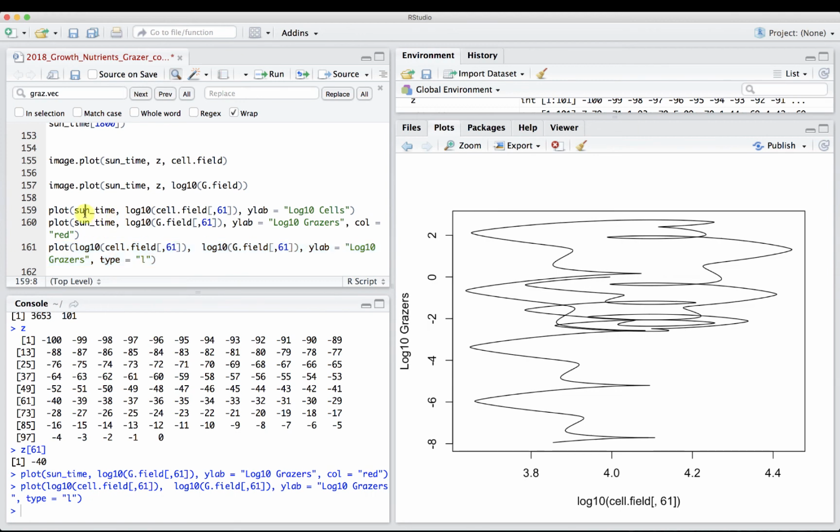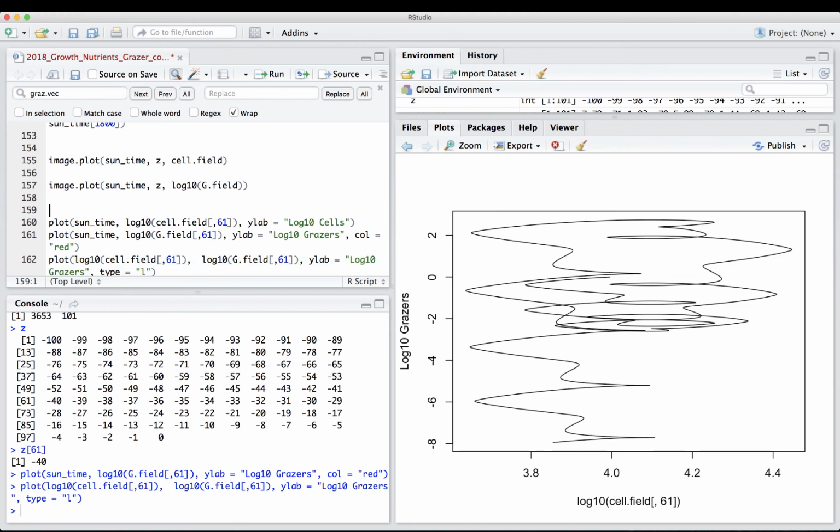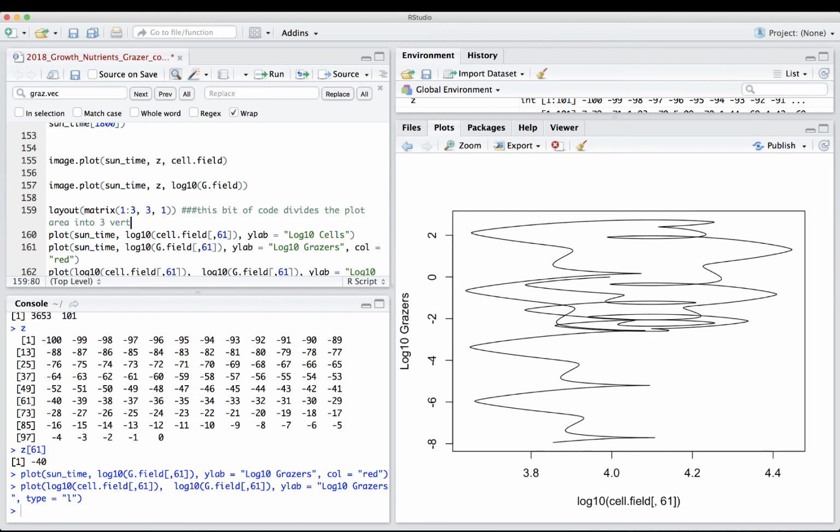And what's interesting here is that we can use a layout command. What this does, makes a matrix 1 through 3, 3 rows, 1 column. And then what this bit of code is going to do, a vertical stacked plot.